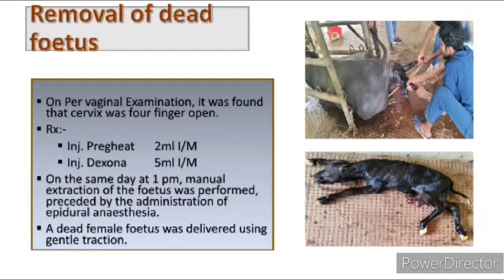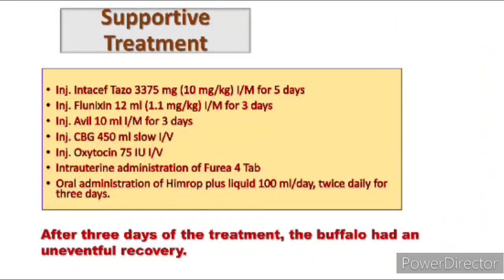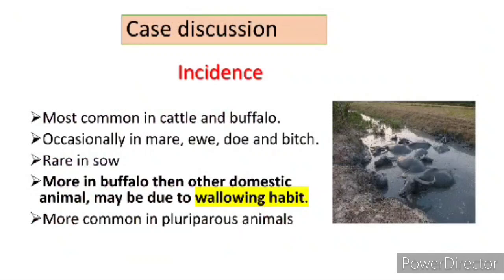Okay, the female fetus was delivered using gentle traction. On supportive treatment, these are the medicines which we have given, and after 3 days of treatment, the buffalo had an uneventful recovery.